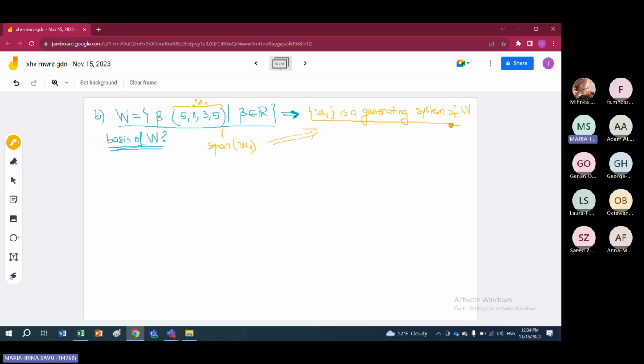But if we want a linearly independent system, is W1 an independent vector? Yes, it is, because W1 is not the null vector. Being different from the null vector, it means that the system formed with W1 is an independent system.